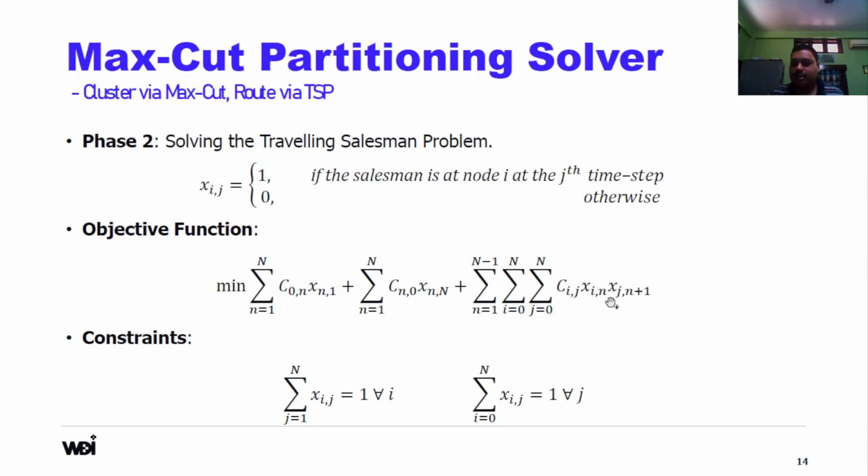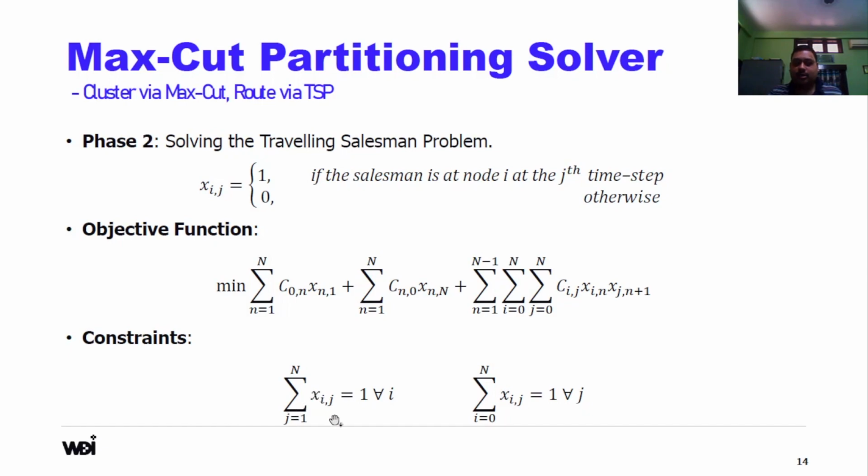So in xin, xjn+1, xin is 1 if the vehicle is at the ith node in the nth time step, and xjn+1 forces the vehicle to be at the jth node in the n+1th time step. If that is the case, we should include Cij in the sum because that section of the route is being visited by the vehicle.